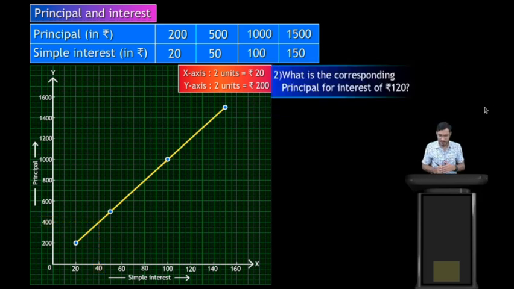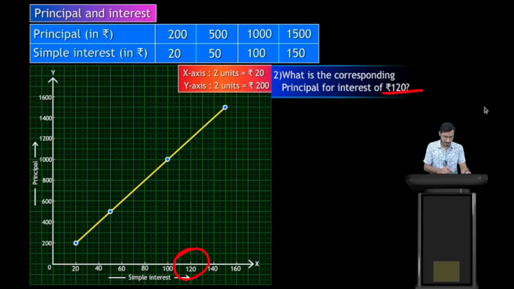Now second question, what is the corresponding principal for interest of rupees 120? So students, can you tell me the answer? Find out the principal here. So interest of rupees 120. So on the x-axis first we find point 120.